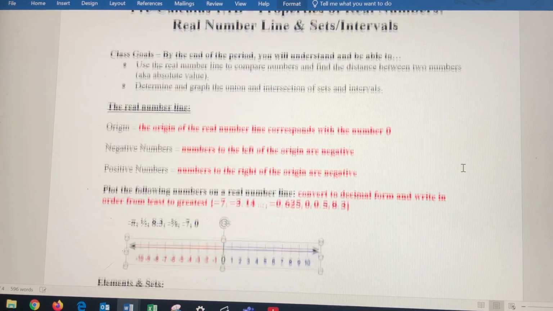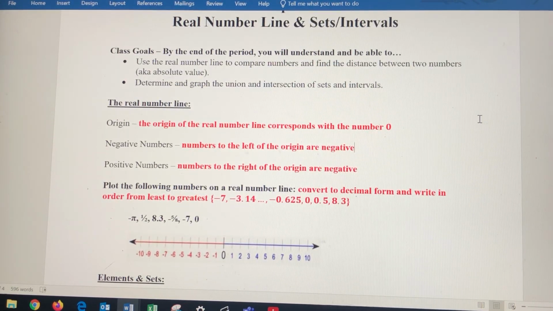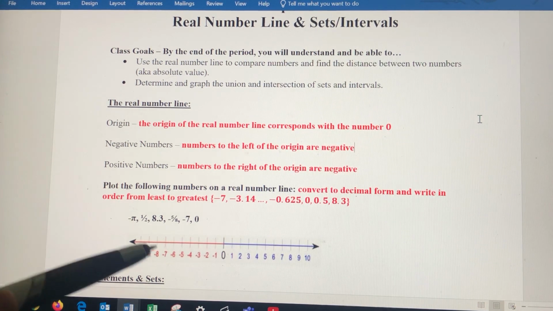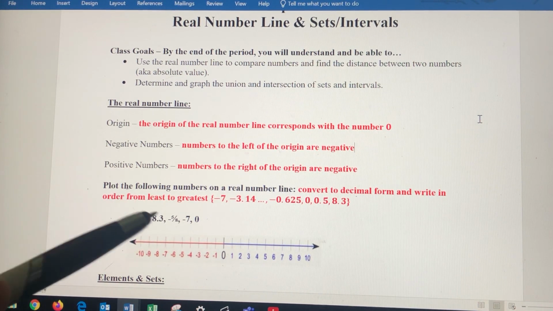So plotting those on a real number line, -7 is obviously going to go right over -7. You're going to put a dot there at -7. -pi would come next.